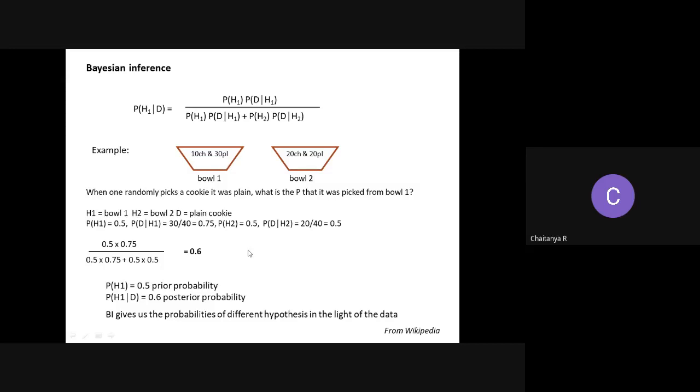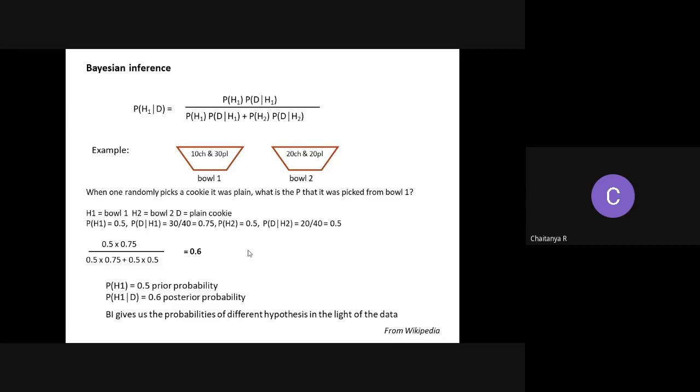However, let's assume we did none of this gymnastics right now. Let's say there are 2 bowls and you're still blindfolded. You pick a cookie, and it turns out to be a plain cookie, and someone asks you what is the probability it came from bowl 1. Intuitively we'd say 0.5, because there are only 2 bowls.